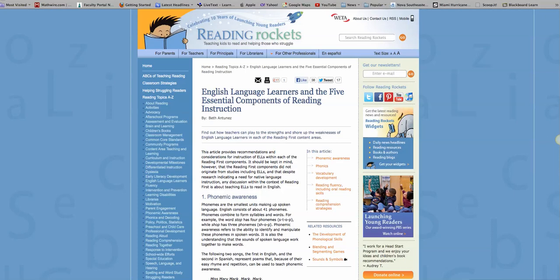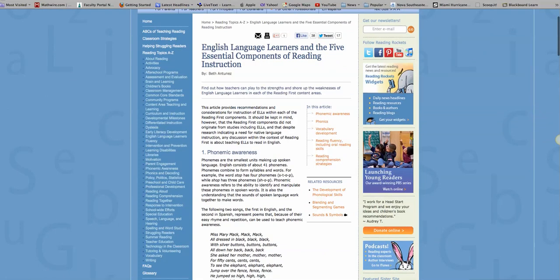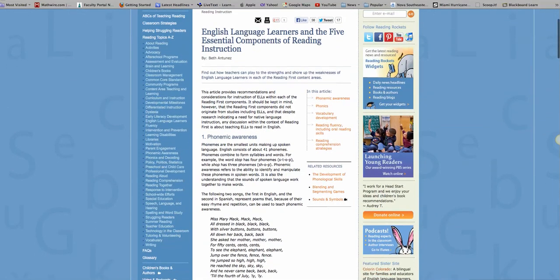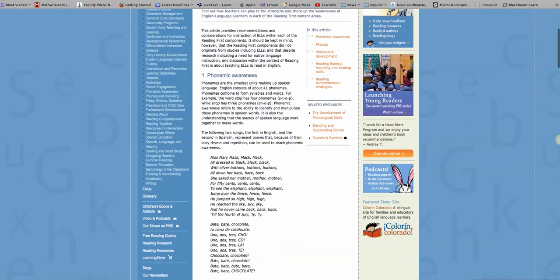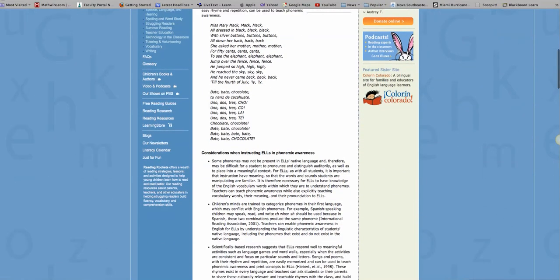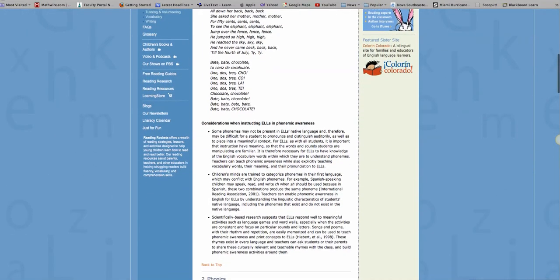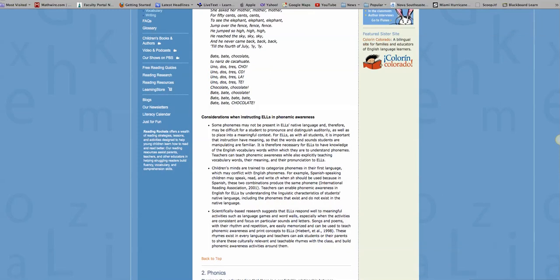And Reading Rockets does a very good job in this article of taking each component one at a time, discussing it. For instance, the first one is phonemic awareness, and then after some examples, giving us particular considerations that we should use when instructing our English language learners in phonemic awareness.